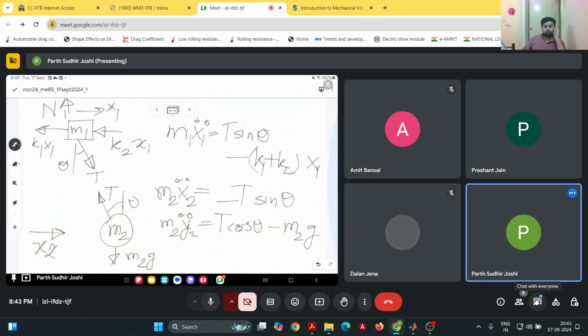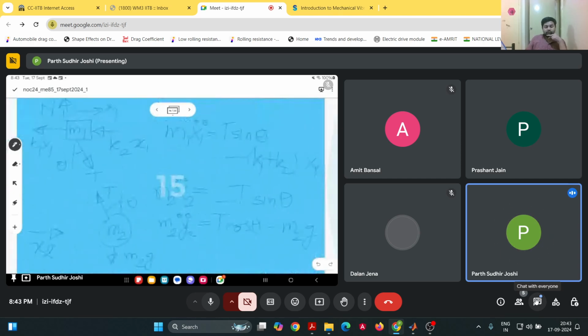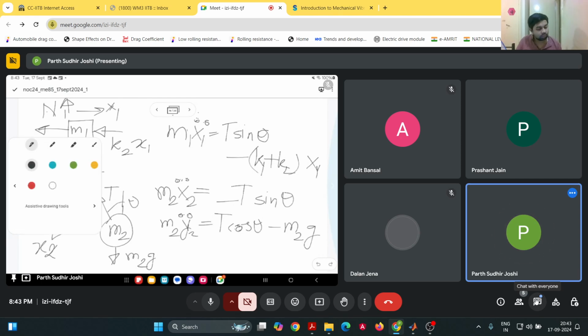We need to do some algebra to substitute some terms. For example, y2 double dot is something and x2 double dot is something, so we can use that to eliminate one of the variables. If you want to eliminate t, we have to rearrange them and then we get just one equation out of these two.